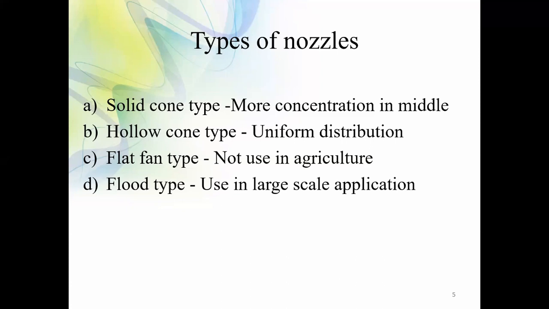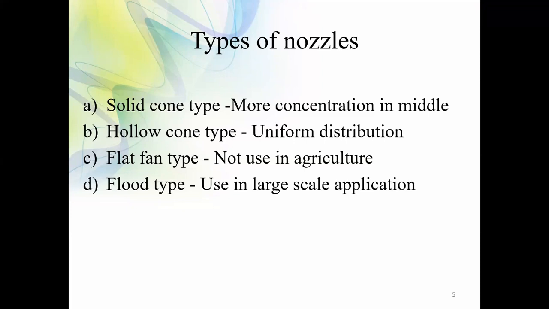And according to the purpose, we can classify the nozzles into 4 main categories. Those are the solid cone type, hollow cone type, flat fan type and flat type. Normally, the flat fan type nozzles are used in applying weedicide. For example, in a farmer's field before cultivation, the field is full of weeds.